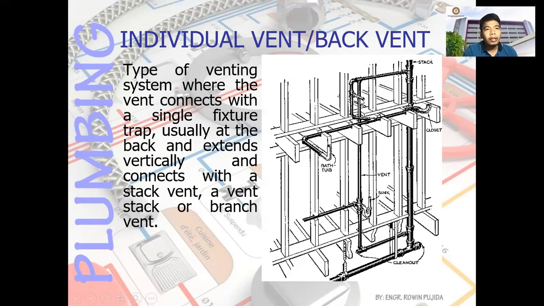Since this is connected, maybe this is a lavatory. And after the lavatory, you have your individual vent pipe, this one, and then it connects to your main vent, or maybe a horizontal branch vent to your stack vent.